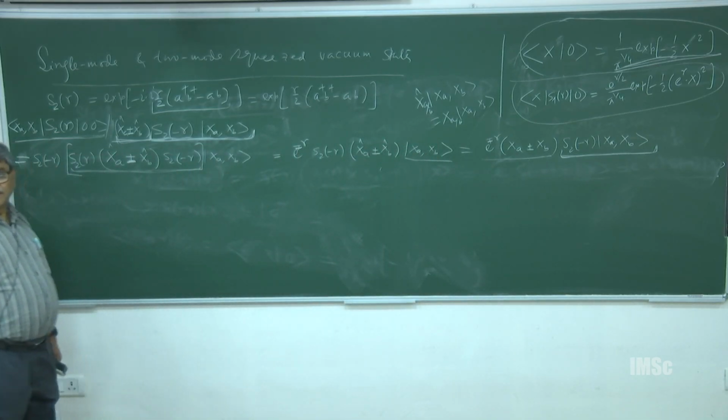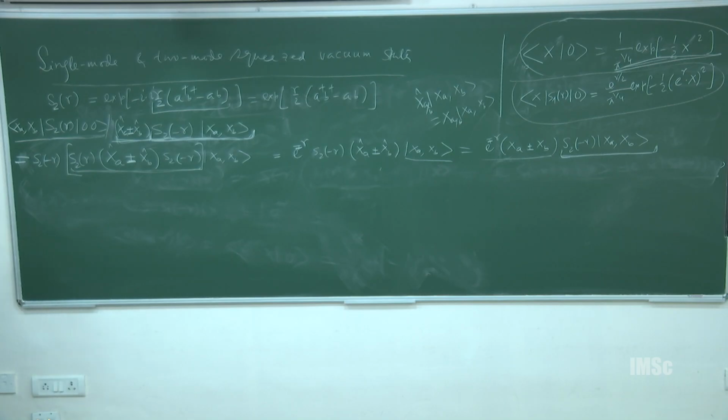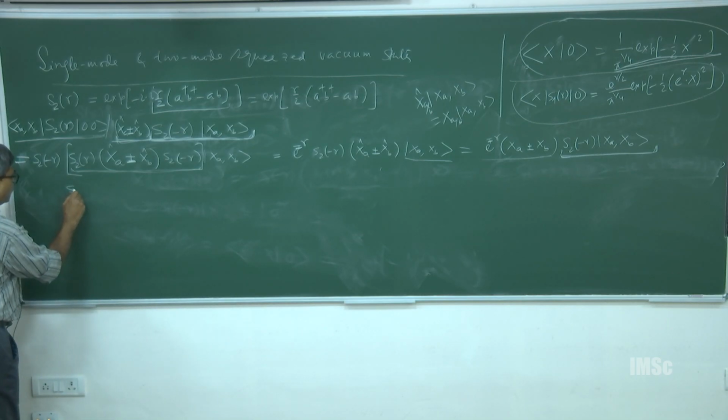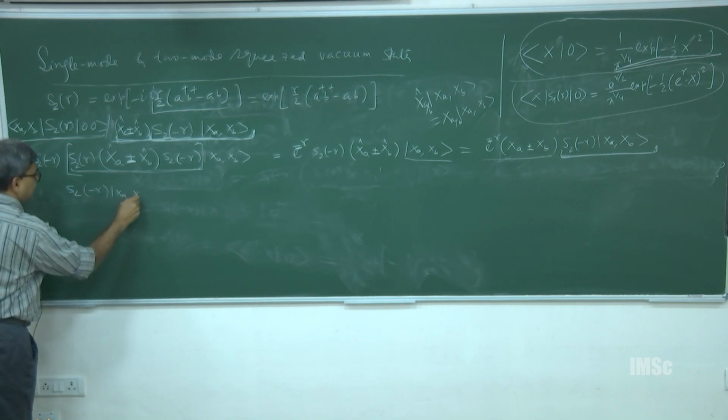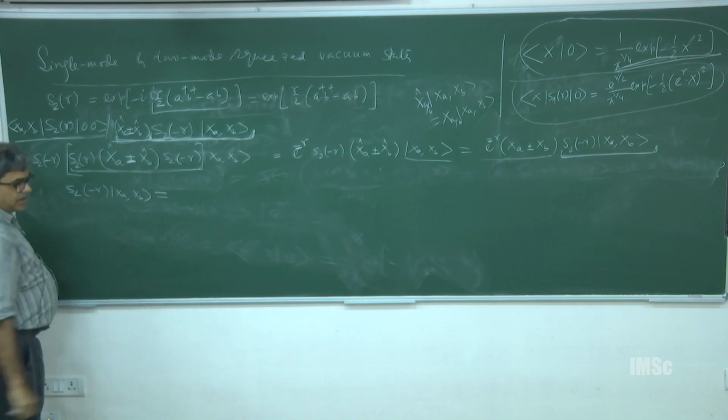Now, what can I say? Take the sum and say that S2 acting on minus r XA comma XB, what can I write?